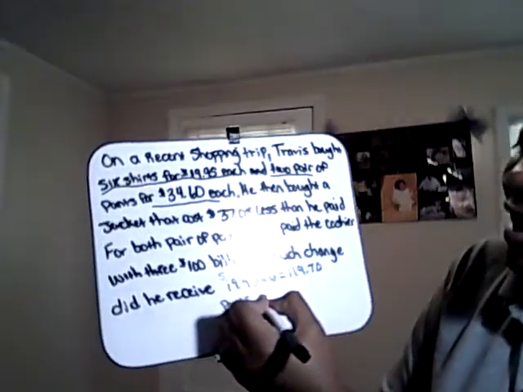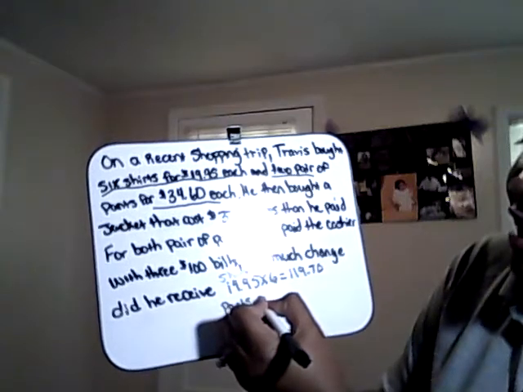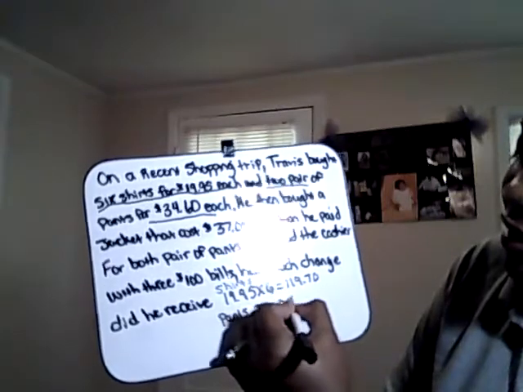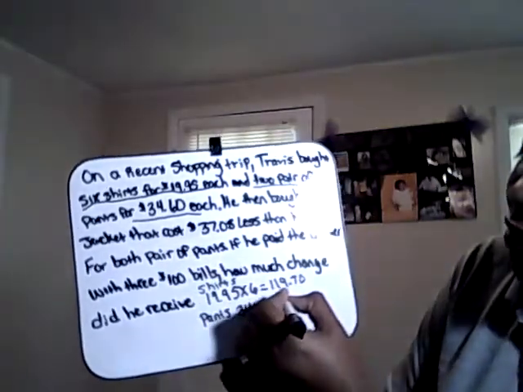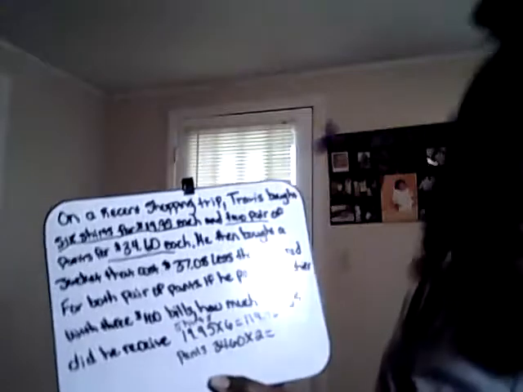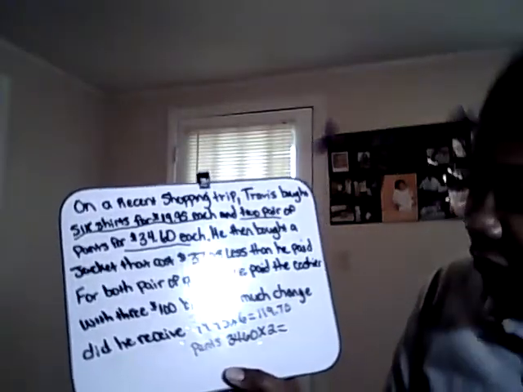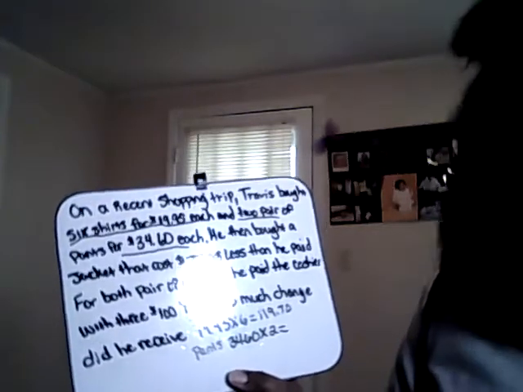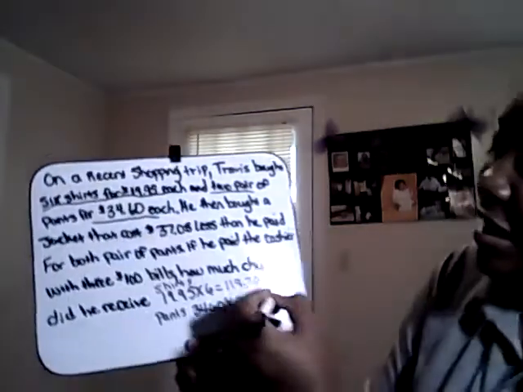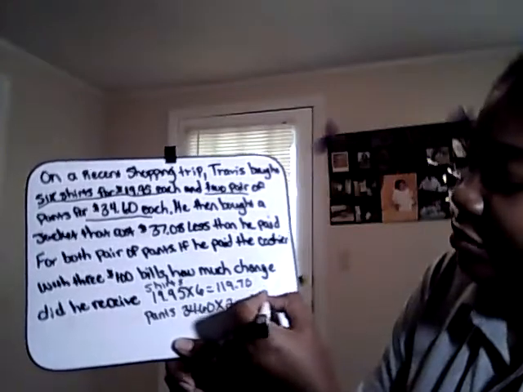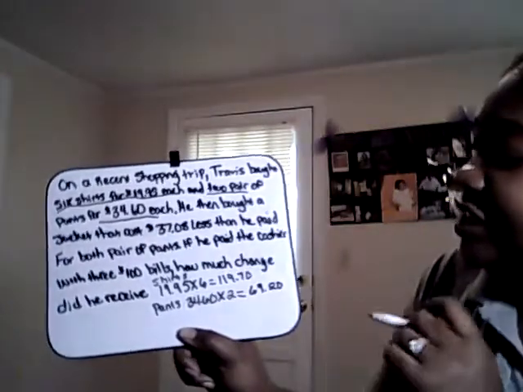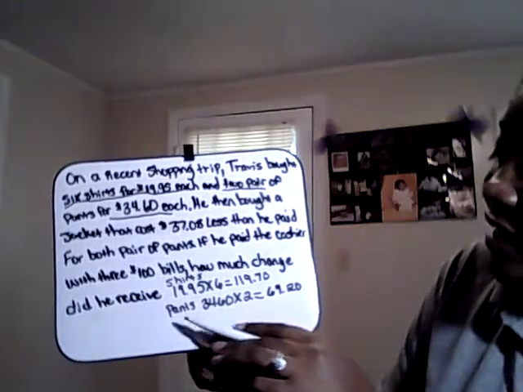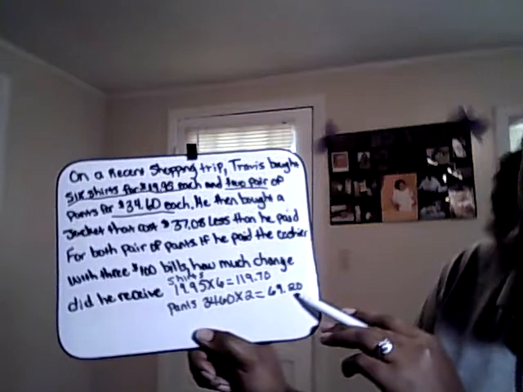So in order for me to get this total, I'm gonna say 34.60 times 2, and I'm gonna get this total, and it is 69.20. So we know that for shirts he spent $119.70, and for pants he spent $69.20.